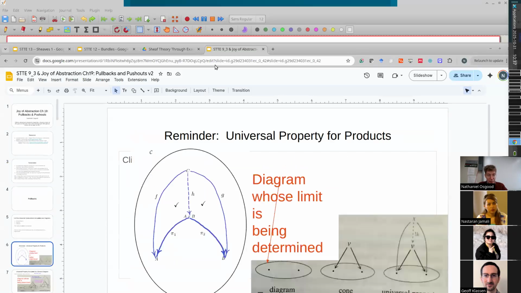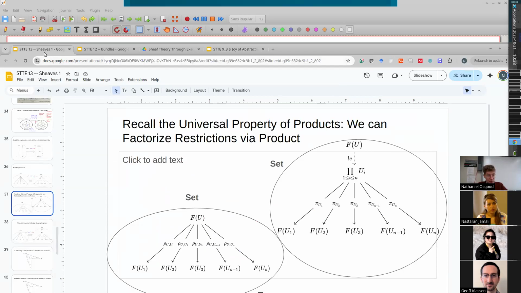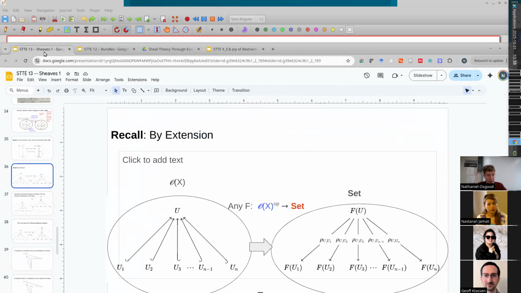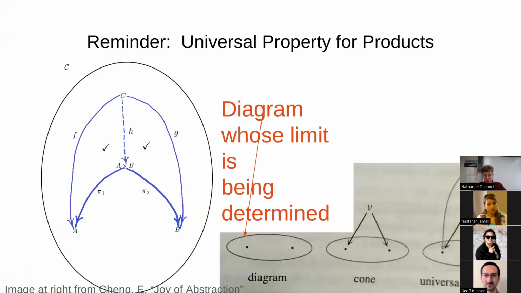Well, remember, this was the universal property for a product right here. I will show it. Remember this? If you have any other object that has maps down to A and B, the product is the one that factorizes all of them.